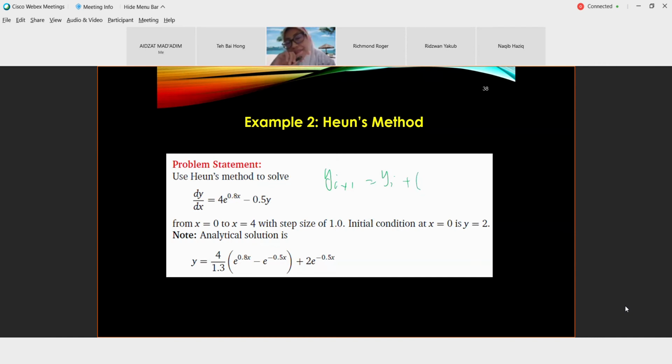What is the value of a1 for the Heun method? One over 2 k1 plus 1 over 2 k2, multiplied by h. Okay, what is the formula for K1?